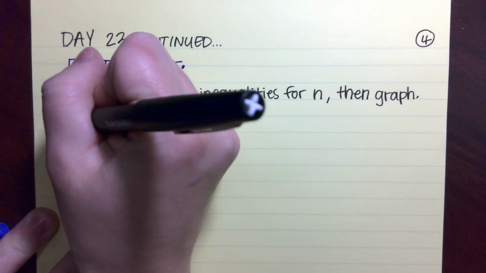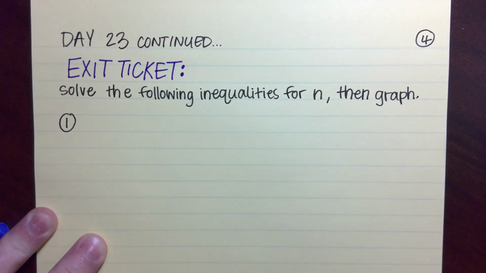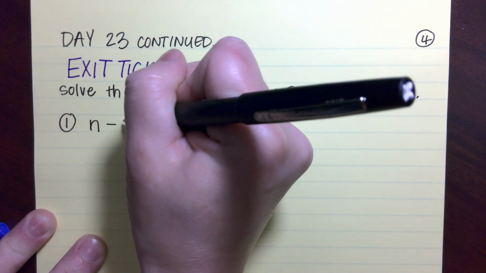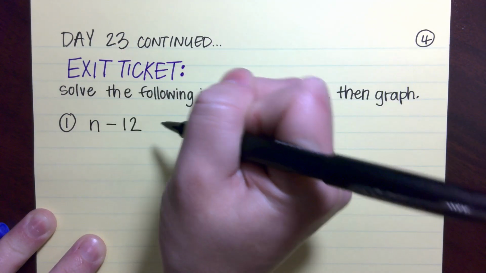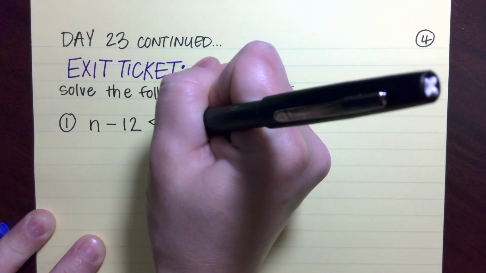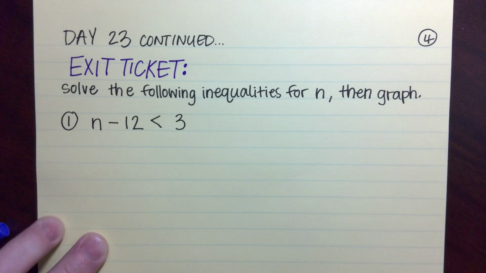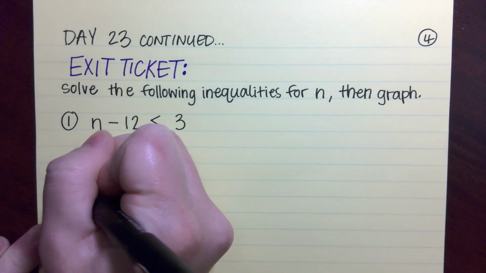Let's do number 1 will be n minus 12 is less than 3. And I want you to solve this and graph it.